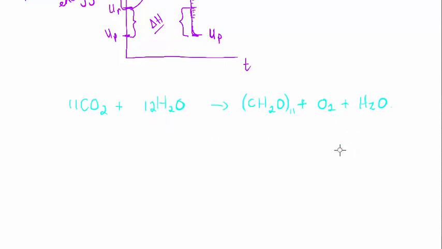Or I'm actually doing something wrong. There is oxygen. Oh yes, no, I'm correct. Okay, so it is 12 waters, and then the oxygens here, the CO2, there were 11 oxygens here, and this bond was broken, and there are now 11 oxygens being released.